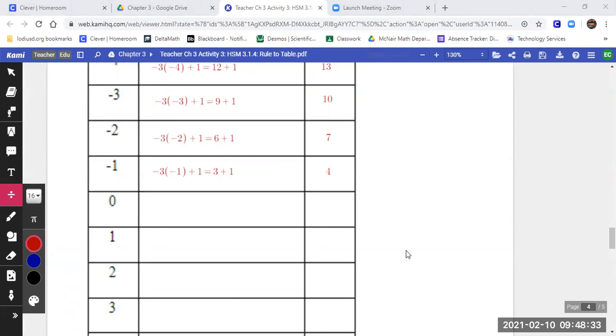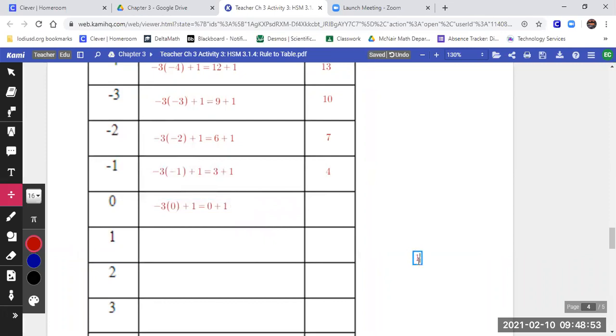Okay, negative 3 times 0. Negative 3 times 0. And that's because the x is 0. And then plus 1 means 0 plus 1. Right? Which just gets us 1.